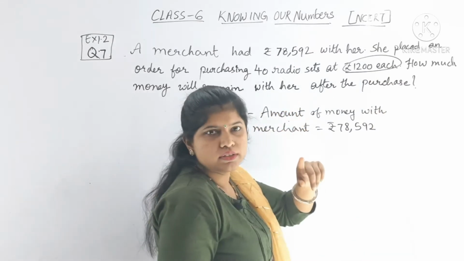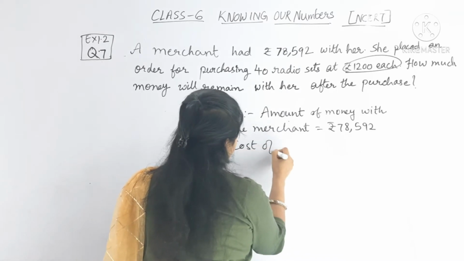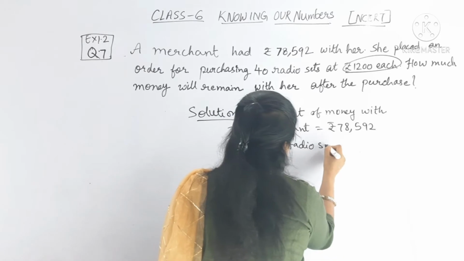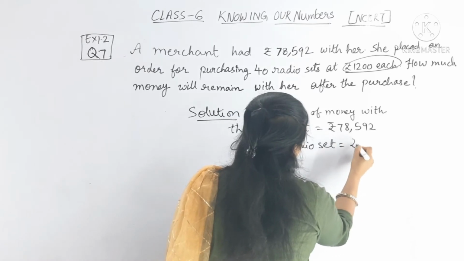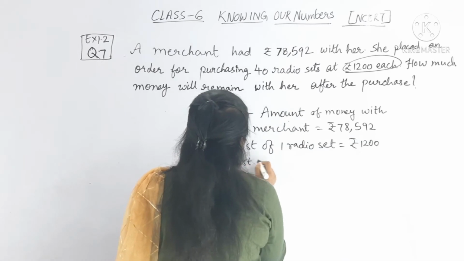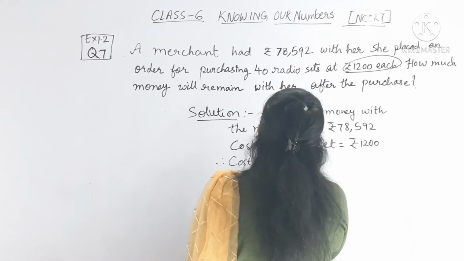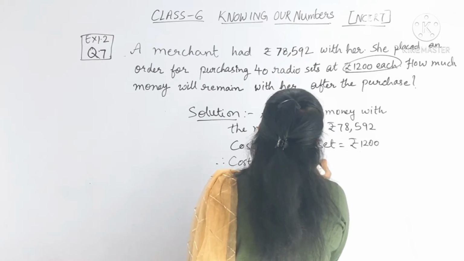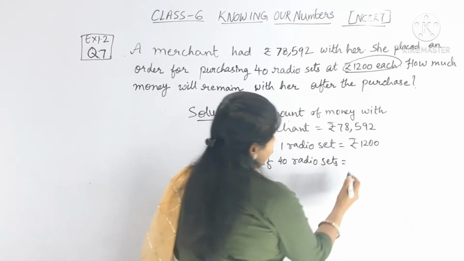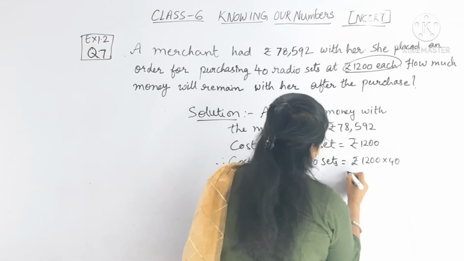Cost of one radio set equal to rupees 1200. So you can write like this: cost of one radio set is equal to rupees 1200. So therefore cost of 40 radio sets will be, we have to multiply, rupees 1200 into 40.